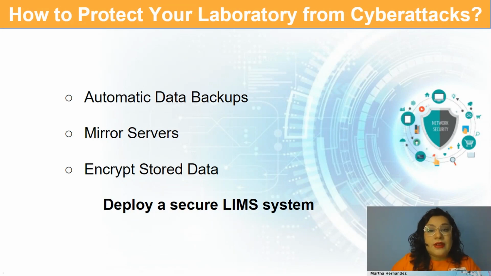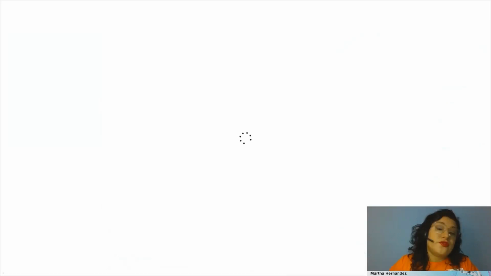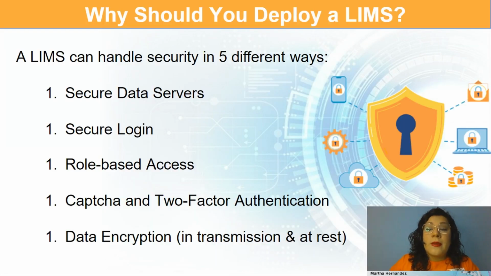And something that is really important here and really recommendable is to deploy a secure LIMS system. But the next question will be, why a LIMS? Well, labs must deploy a laboratory information management system, a LIMS, with foolproof security mechanisms to safeguard the data.